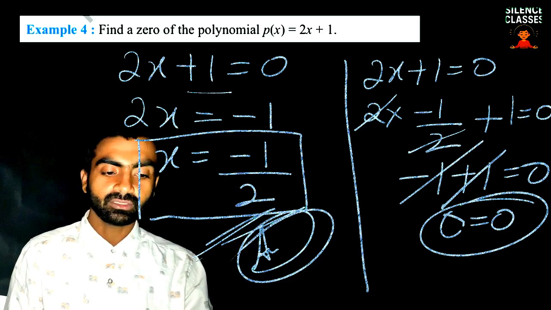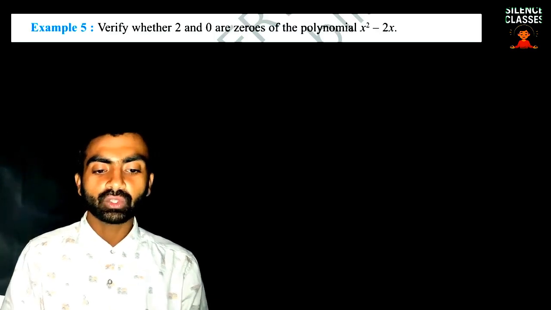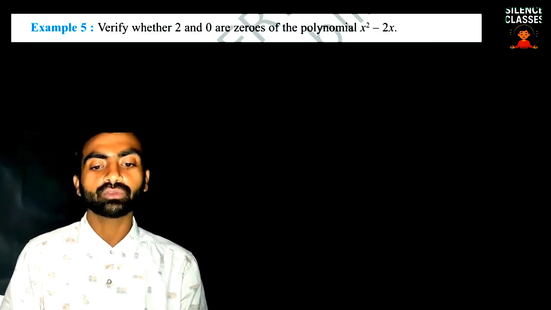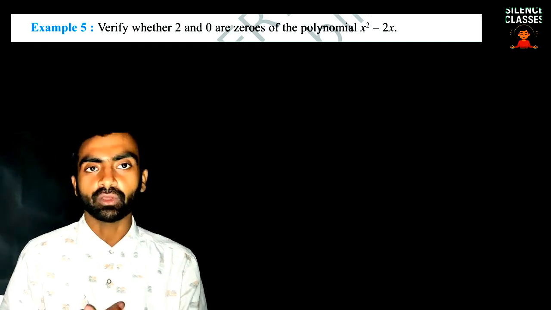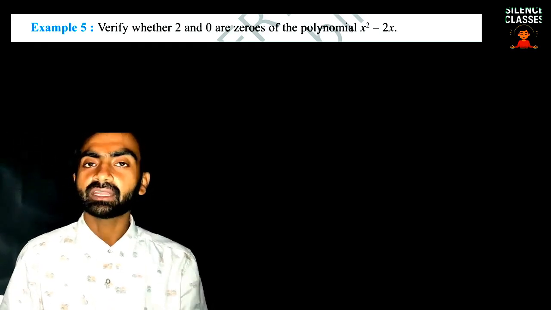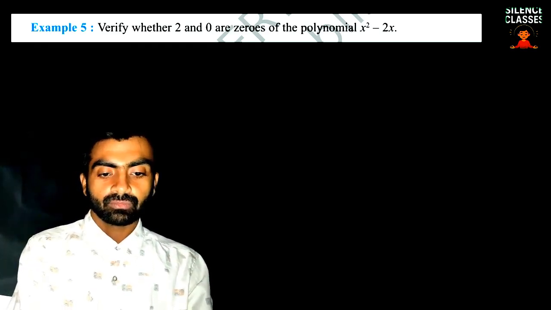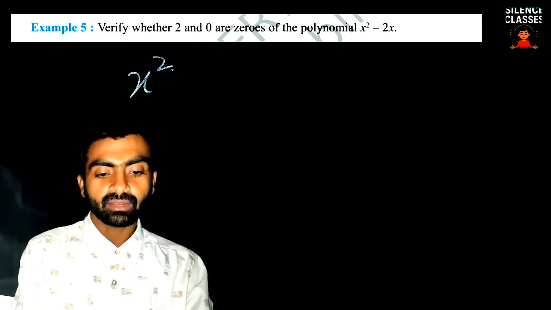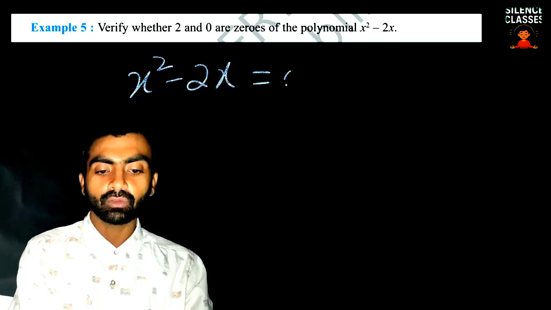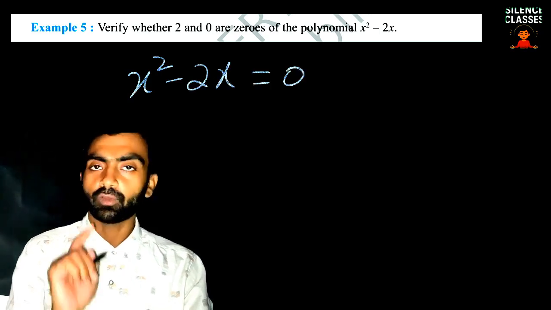Now let's move to the next part. Verify whether 2 and 0 are the zeros of the polynomial x square minus 2x or not. Now the zeros are given to us, so let's check. The polynomial is x square minus 2x. In place of x, first of all we put 2.